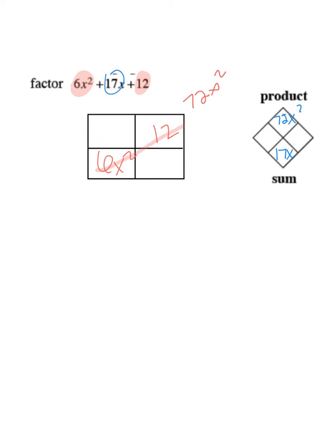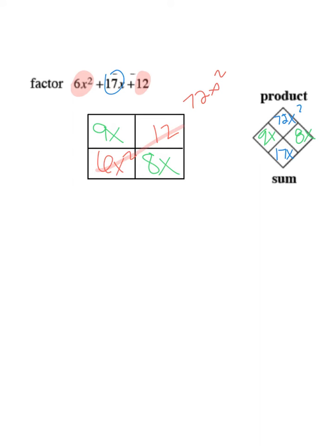So I need to pick two numbers that multiply to 72 and add to 17. 6 times 12, but that doesn't add to 17. We can pick 9x times 8x would make 72, and 9 plus 8 would make 17. So we'll put 9x and 8x into our generic rectangle, and now we just have to pick the missing lengths and widths.